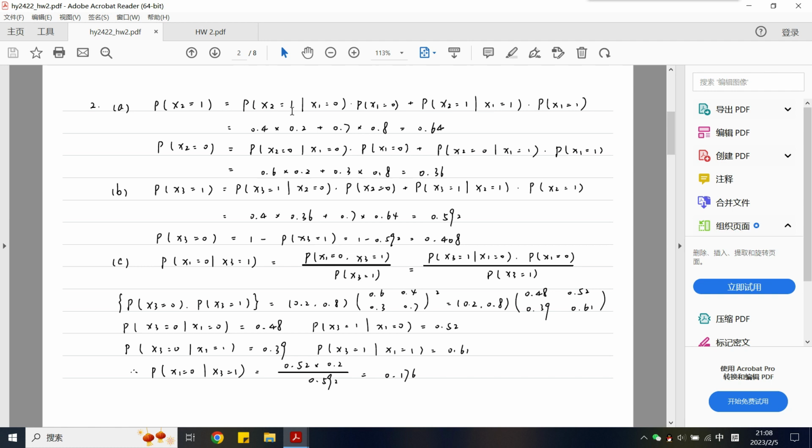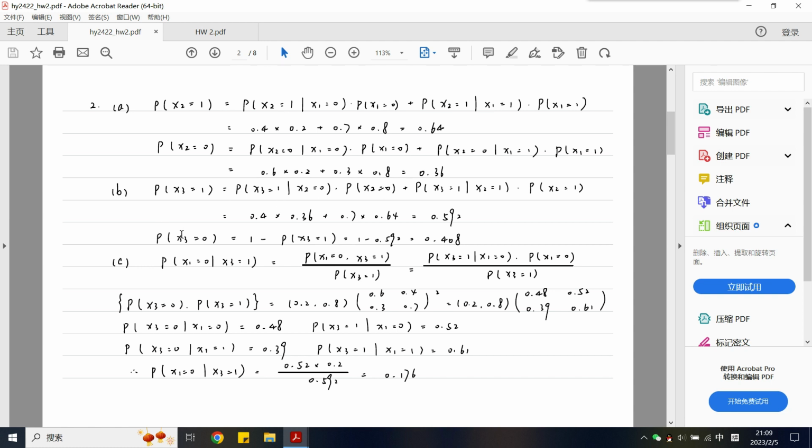We get this data from the problem and the previous question, put the data into this formula, and finally find that the probability that x3 is 1 is 0.592.